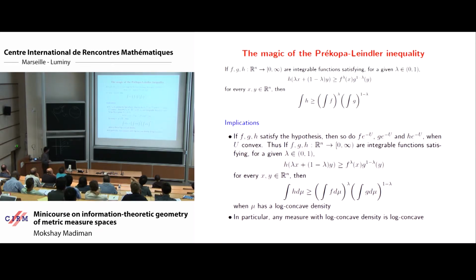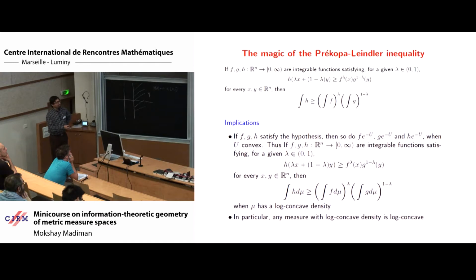In particular, if we specialize again to indicator functions of sets, you see that any measure with a log concave density is log concave. Because now if you specialize to indicators of sets, this is talking about the measure of A, the measure of B, the measure of the convex combination.